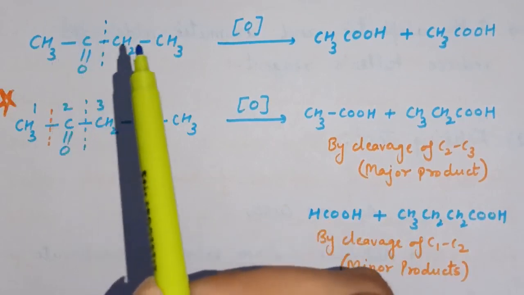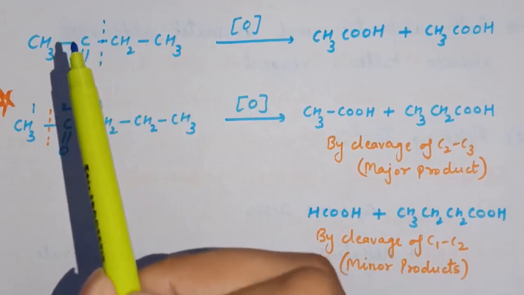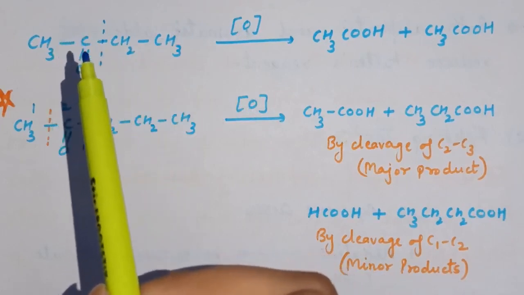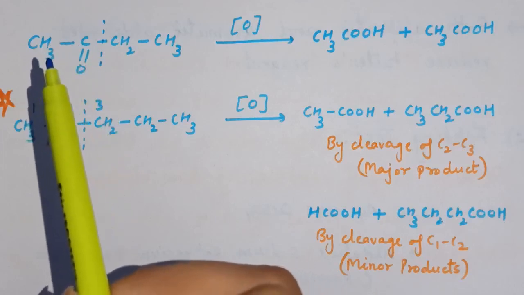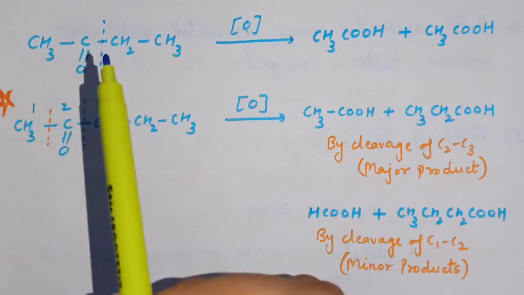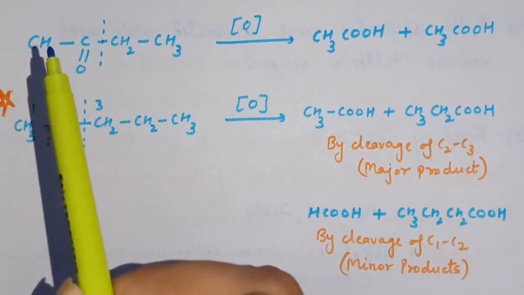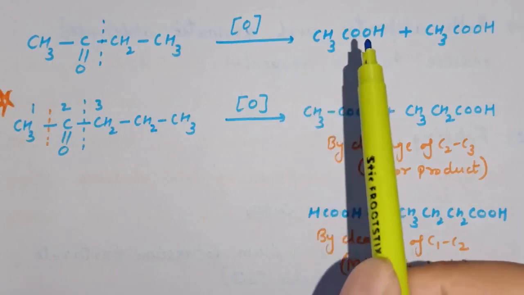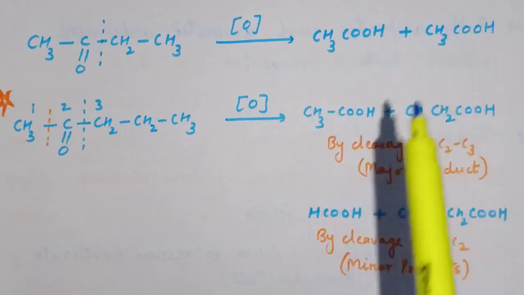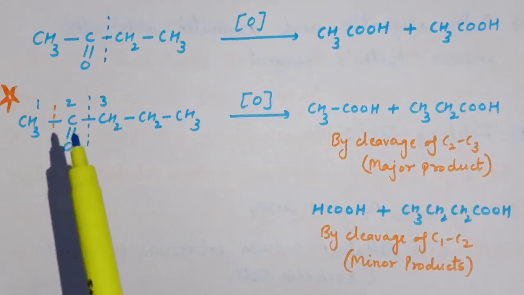Whenever an unsymmetrical ketone is there, oxidation takes place and this keto group remains with the smaller alkyl group. So here methyl is smaller than ethyl, therefore this keto group C double bond O remains with CH3, and here the products are CH3COOH and CH3COOH.